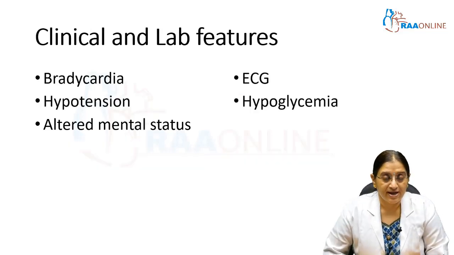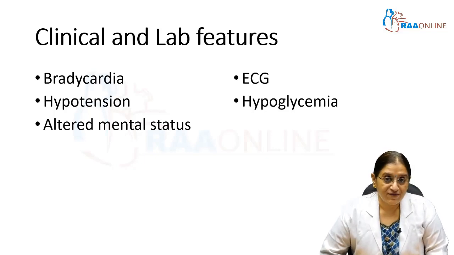The clinical and lab features when there is beta blocker toxicity because of overdose will be bradycardia and hypotension, because it decreases the inotropy and chronotropy of the heart, and also because it can cause peripheral vasodilatation. Non-selective beta blockers can also act centrally, which can cause altered mental status.